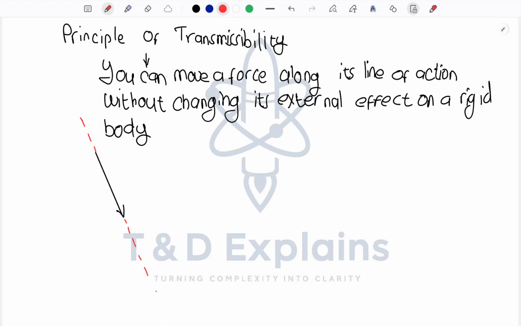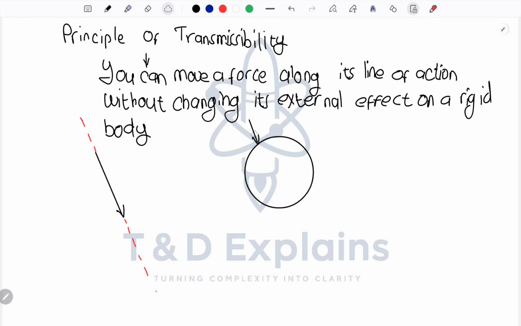In this case, we're applying this principle in terms of forces. It says that you can move a force along its line of action without changing its effect on a rigid body. Let's say we have a rigid body. That means this body is non-deformable. It means that if I apply that force here, it's going to move in a certain direction, and we do know that this direction is this one, right?